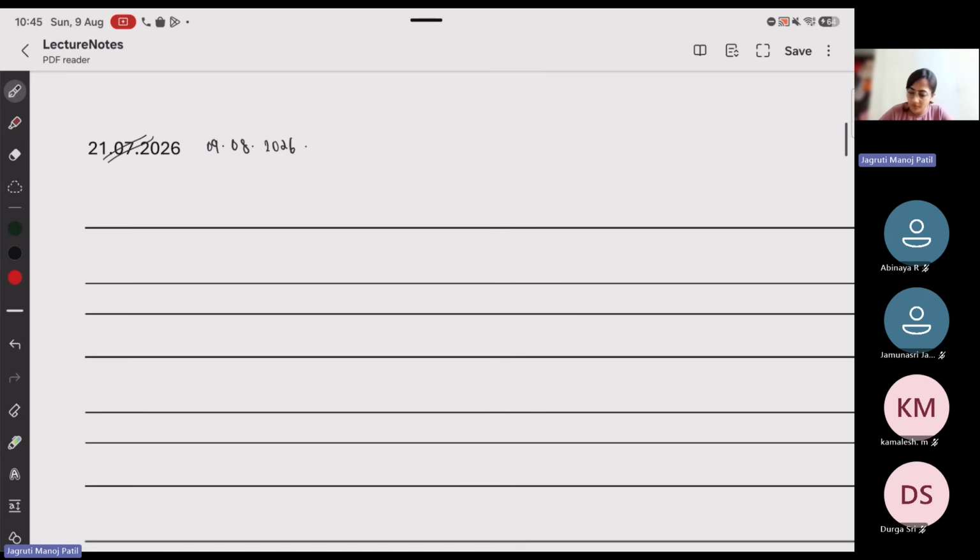We have different electrodes, and these electrodes can be stainless steel or platinum.